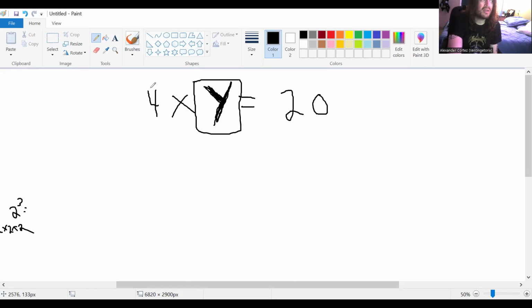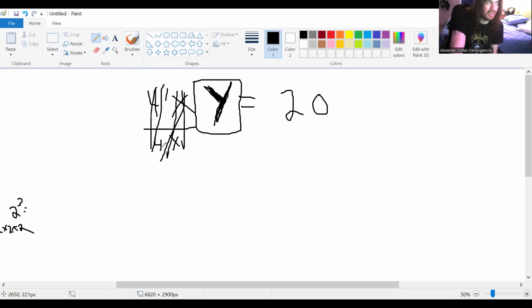How do we eliminate this 4 times? By doing the inverse of it, right? Since this is multiplication, the inverse of it is division. So if we divide 4x by 4x, and that's what this line is here, dividing, that eliminates this completely.